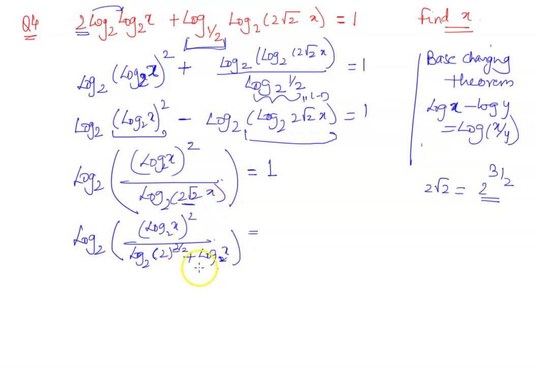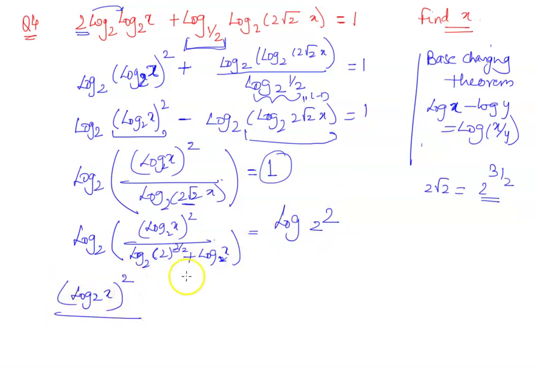Multiplication is converted to summation, and I can write 1 as log 2 to the base 2. So this equation gets equated to this equation, so I get log x whole square. What is this value? This value becomes 3 by 2, because log 2 to the base 2 is 1, plus log x by 2 equals 2.